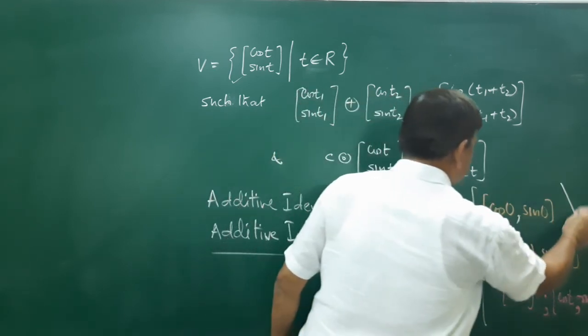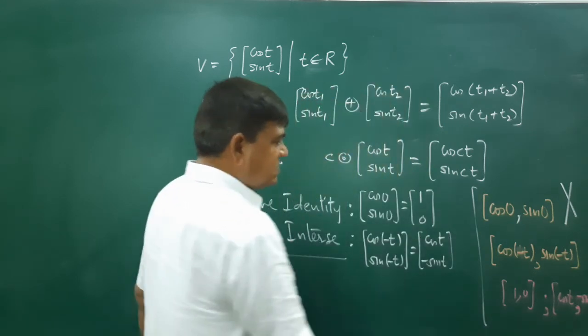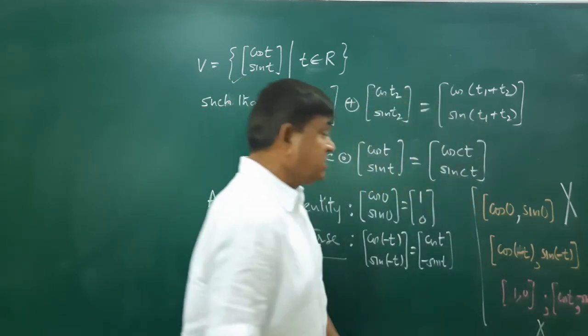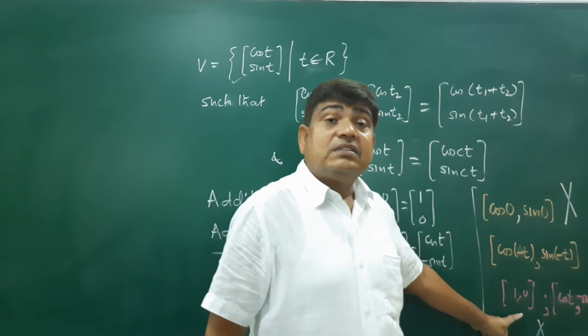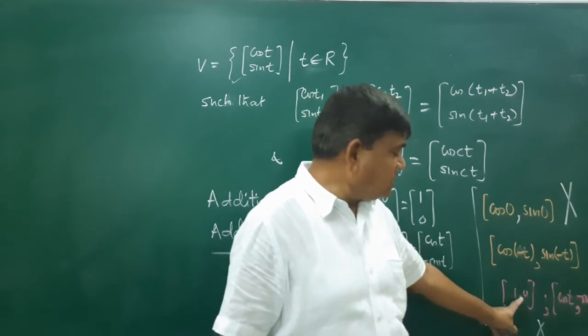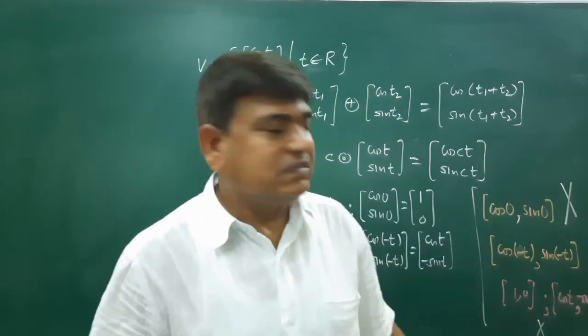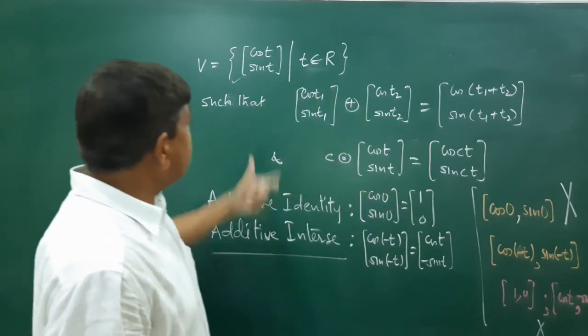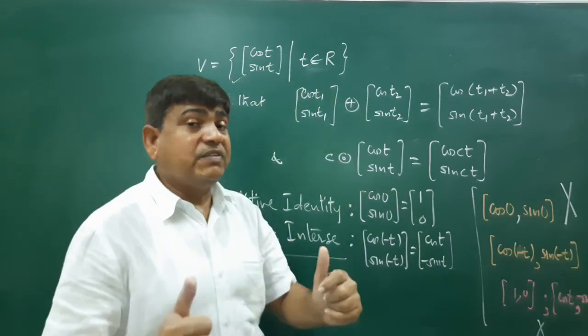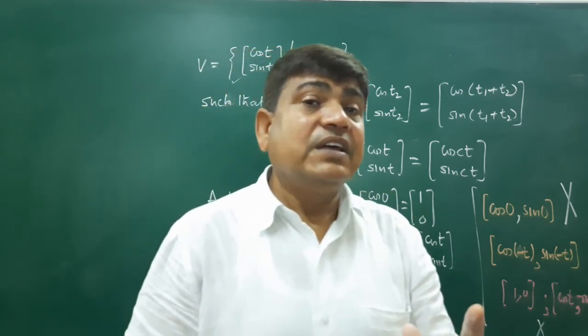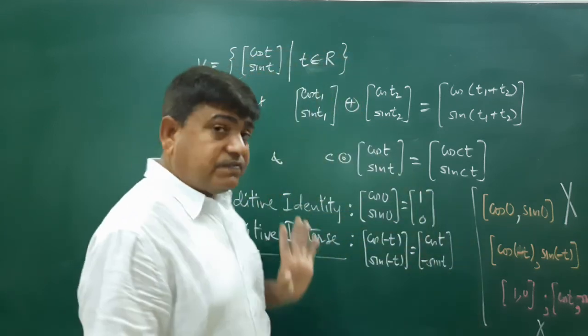This part, whatever is written, is wrong, and this is also wrong, because it looks like an interval. Okay, so be careful which type of elements are given, and write the answer in that particular format.